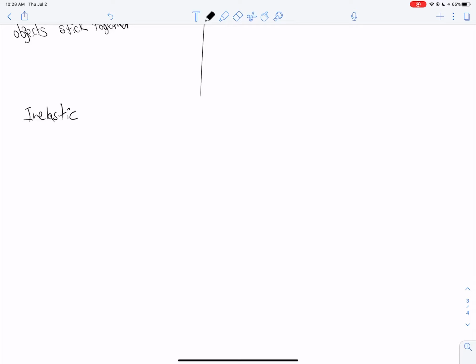So let's say we have two different objects. We're going to have m1v1 plus m2v2. This is before the collision occurs. And then the right side is going to be after it occurs. If we're dealing with a perfectly inelastic collision, this means that the two masses are now combined, and they have a resulting mass and a resulting velocity because of that. Okay, so this is your equation for inelastic collision.